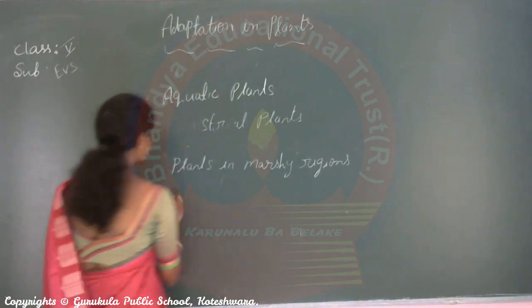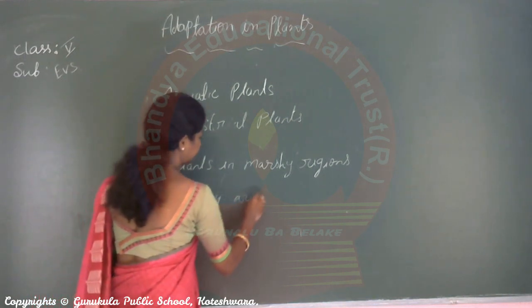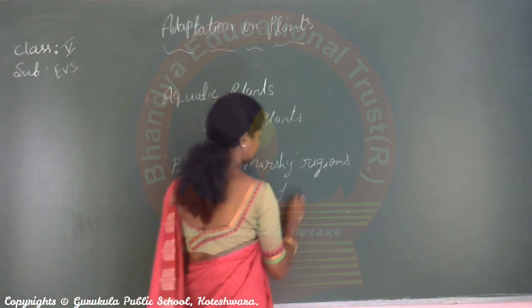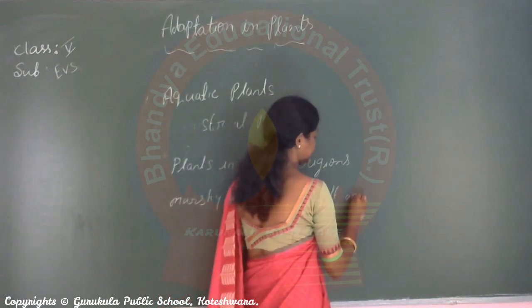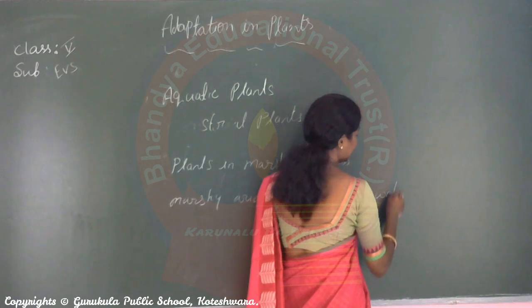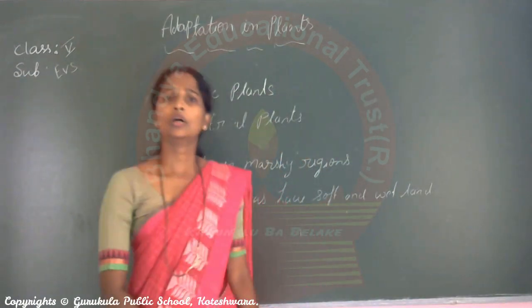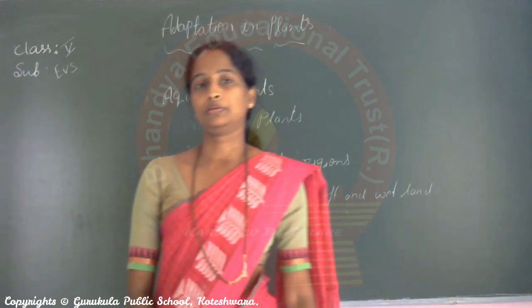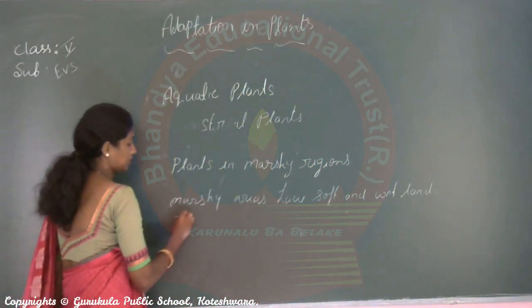Marshy areas have soft and wet land because there is a lot of water in the soil.